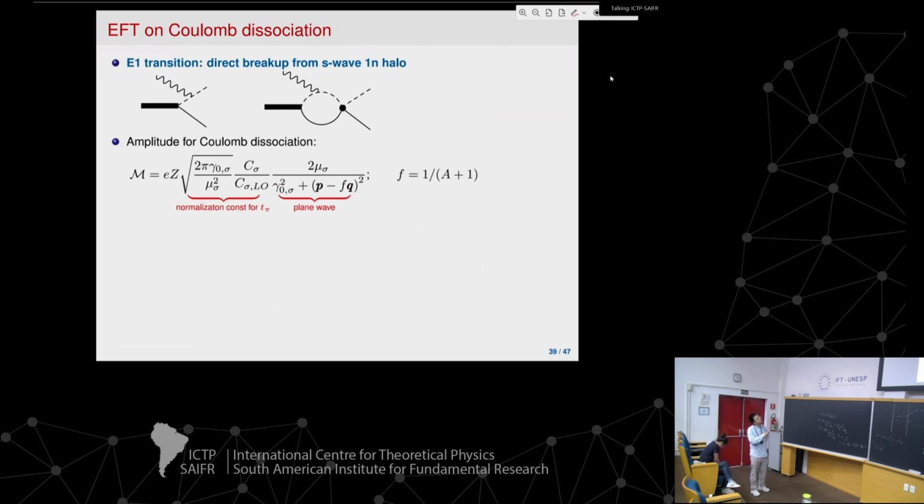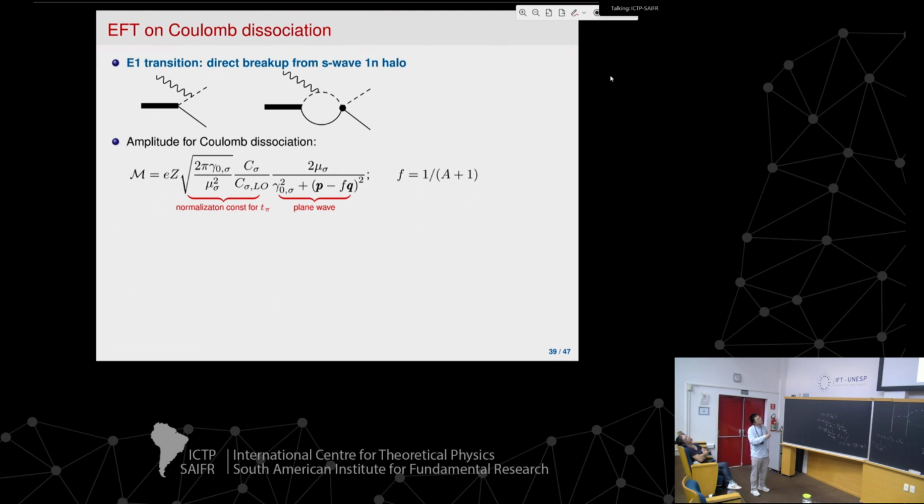In the first diagram, the photon couples to the core particle, then directly breaks up this bound state into the continuum states. The second diagram comes in at next-to-leading order. It gives you an additional final state interaction, which means the photon comes in and interacts with the core field, and then the core and the neutron interact again at this point, generating additional contributions to this E1 transition.